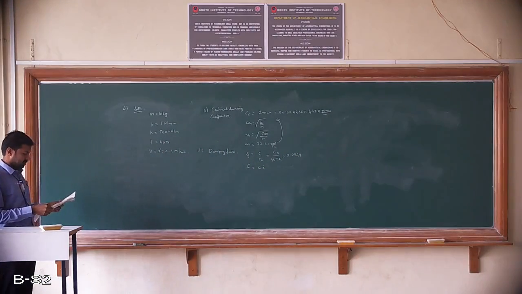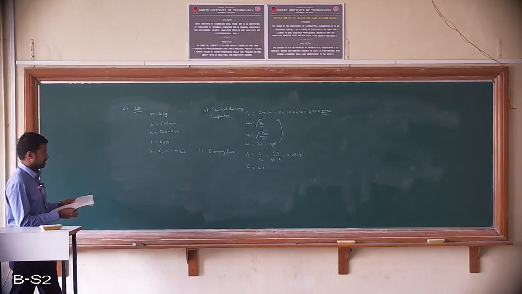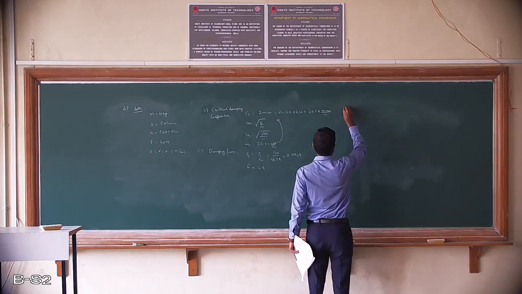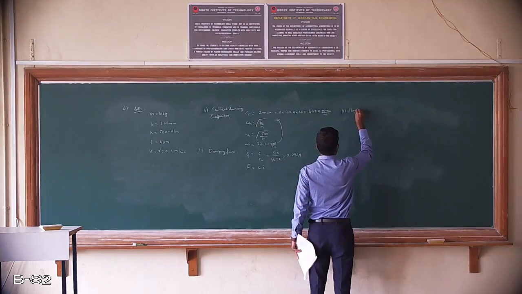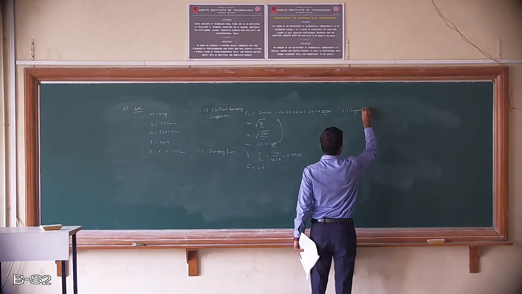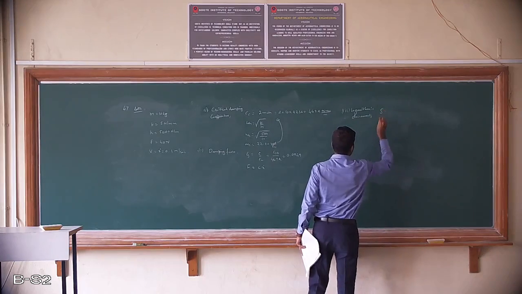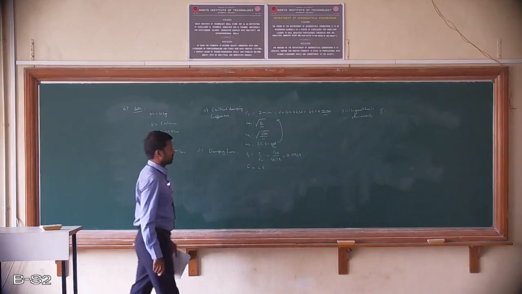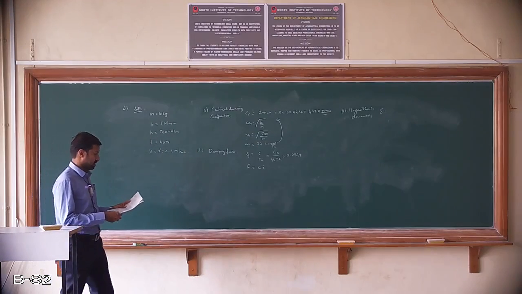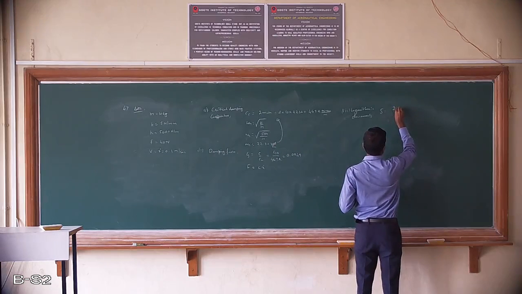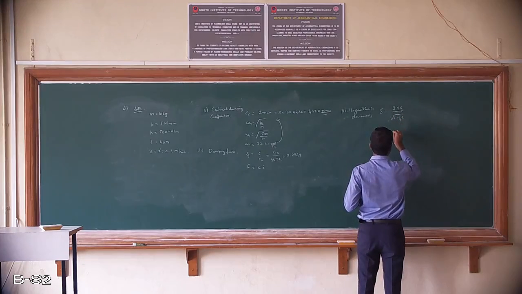Third one asked is logarithmic decrement, that is delta. Logarithmic decrement is given by the equation delta equal to 2 pi into zeta divided by under root of 1 minus zeta square.